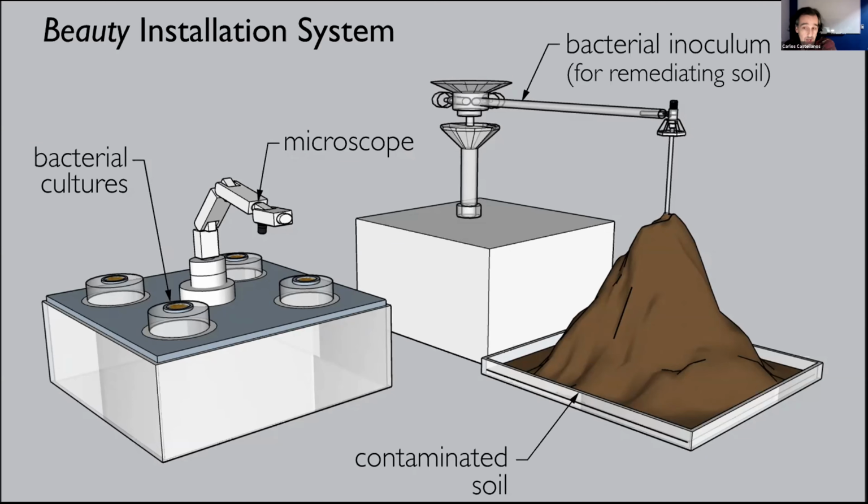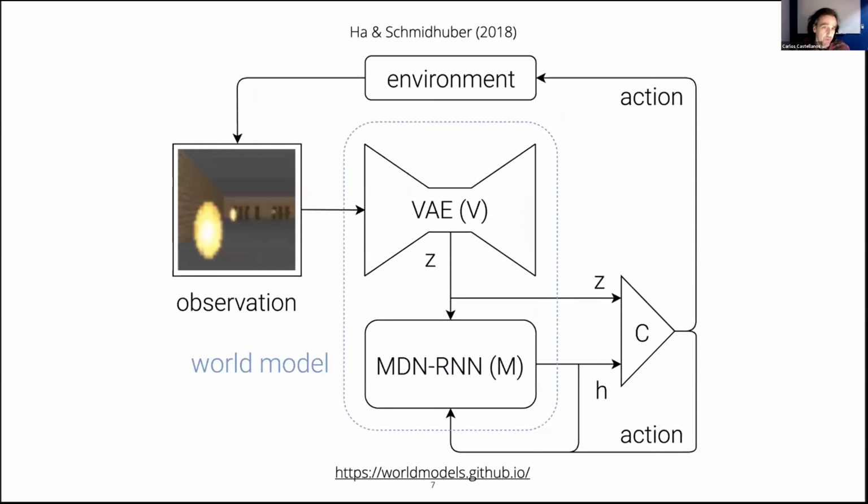For right now, we're basing the model on what's called the World Model, which is a deep reinforcement learning model. Basically you have three components: an autoencoder, a recurrent neural network, and then the reinforcement learning controller.